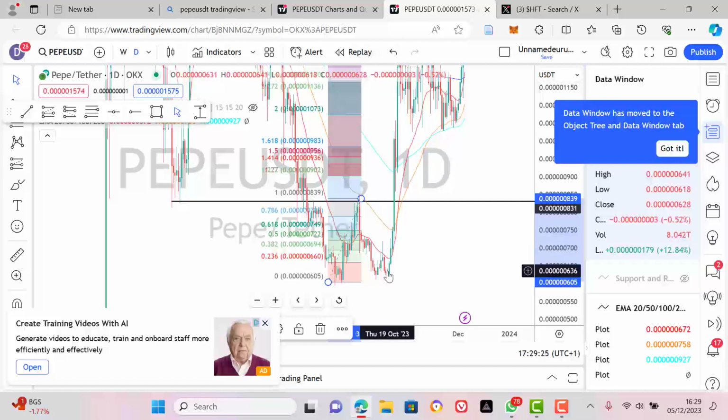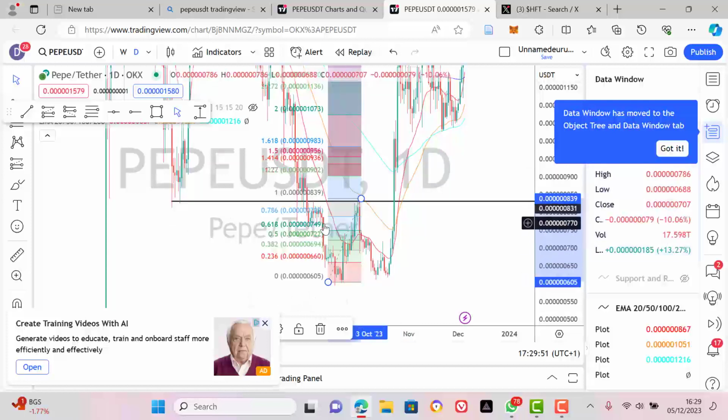Okay, and now on that second high, we have this bullish candle, this initial bounce, but then this one violated this, giving us a higher high. So that tells us that the price is going to reverse. Remember, this is on the daily time frame.